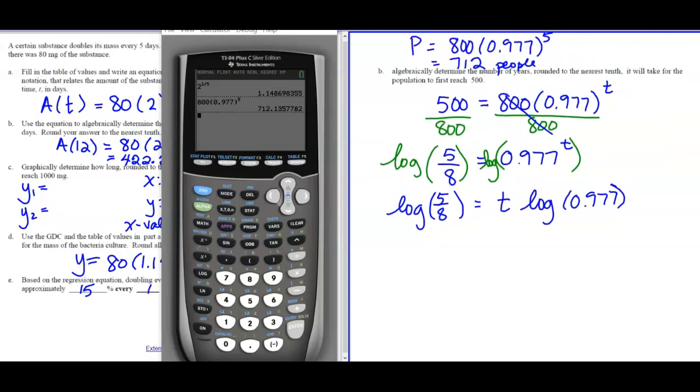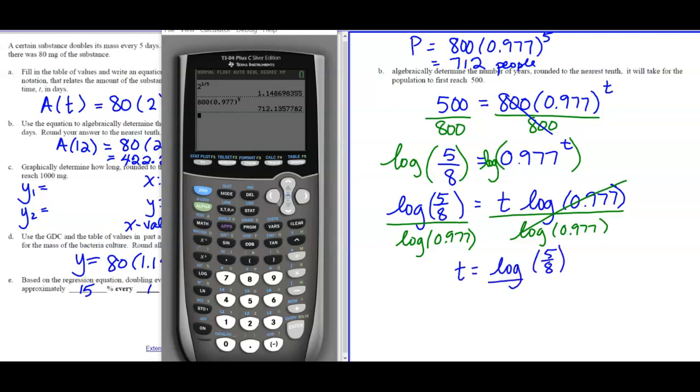Okay, and then I want to get t by itself. And then in your calculator, you don't have to use the log base. You can just go log 5 divided by 8, close the bracket, divided by log 0.977. Oh, like doubling again.